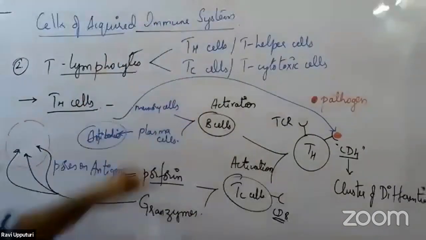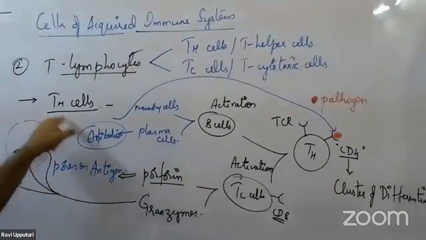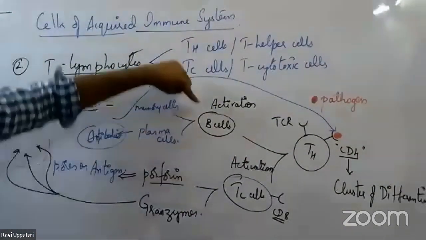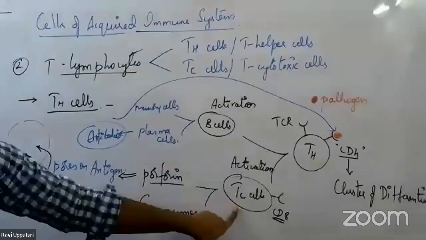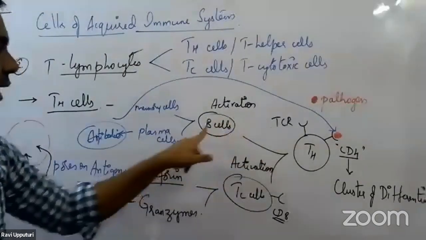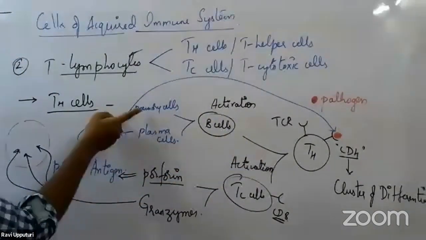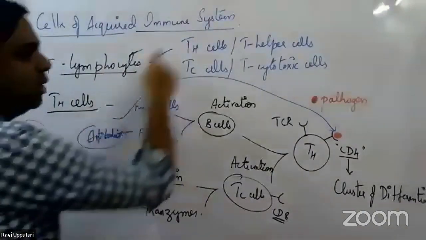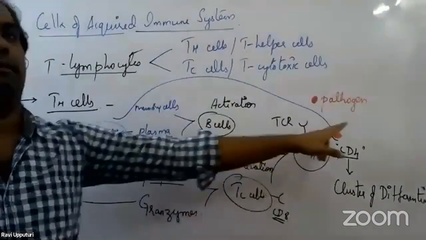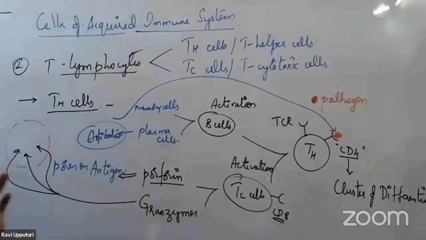So what do T helper cells do? From the name itself, we can make out they help in the activation of B cells as well as the activation of TC cells. They activate B cells so that B cells produce memory cells and plasma cells. Plasma cells produce antibodies, and those antibodies go and fight against the pathogen that has entered the body.